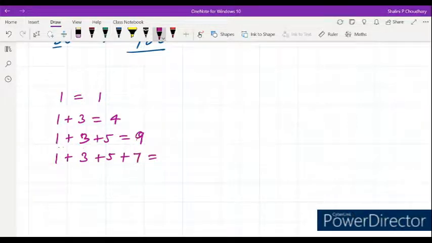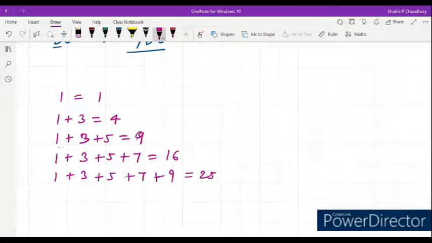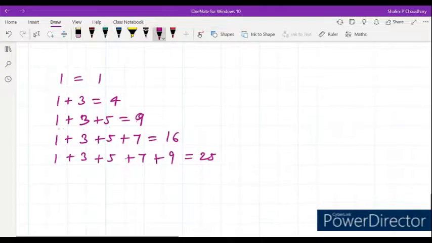Now 9 plus 7 will be 16. 1 plus 3 plus 5 plus 7 plus 9. 16 plus 9 will be 25. Now are you getting this? Which trick am I talking about?